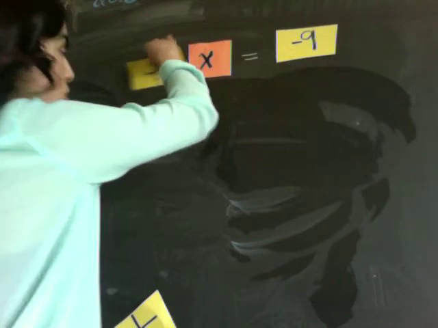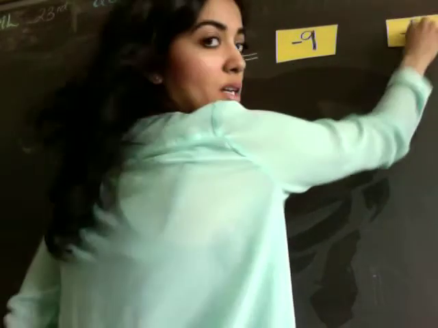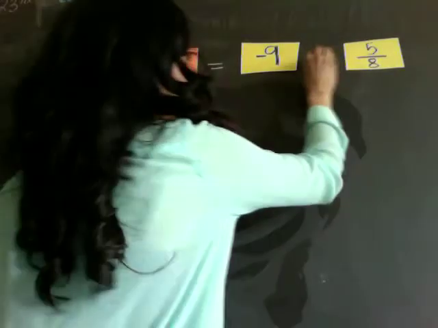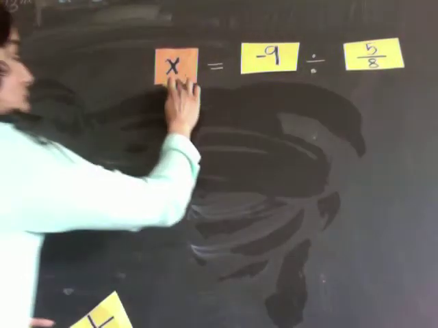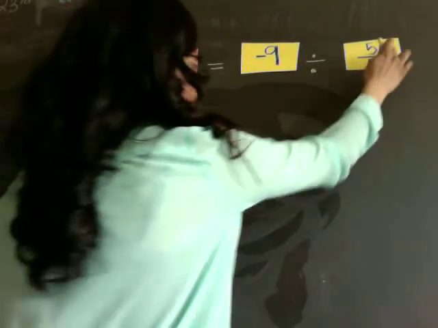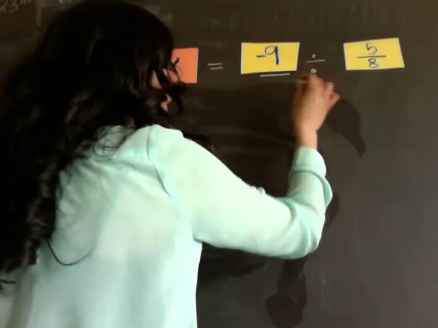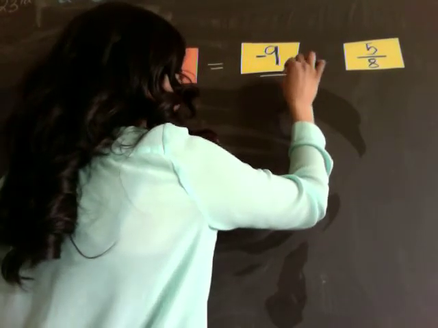So this 5 over 8 is going to come onto this side, and in doing so, we are going to do the opposite operation, which is to divide. Okay, so x is then going to be equal to negative 9 divided by 5 over 8. To make this a little bit easier, we're going to take our negative 9 and put it over a denominator of 1.